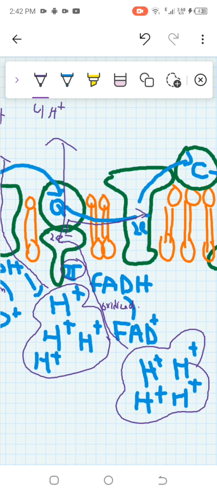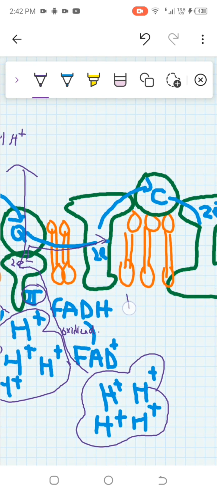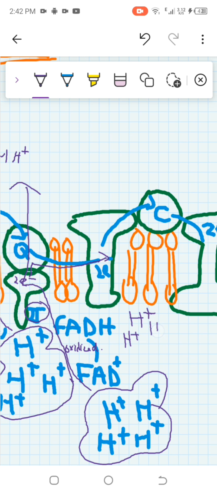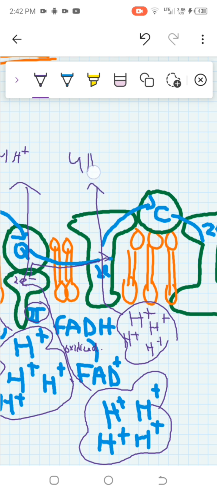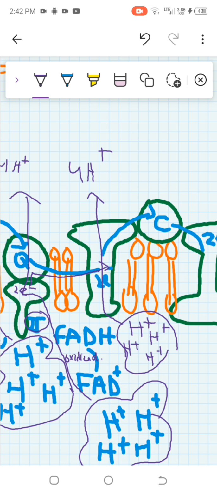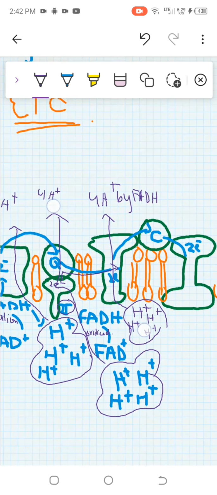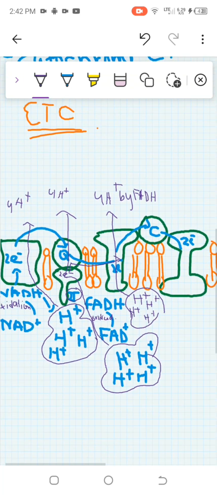When it goes to complex number 3, complex number 3 also has 4 H positive ions. So these 4 H positive ions are released into the matrix of mitochondria, and these are by FADH.